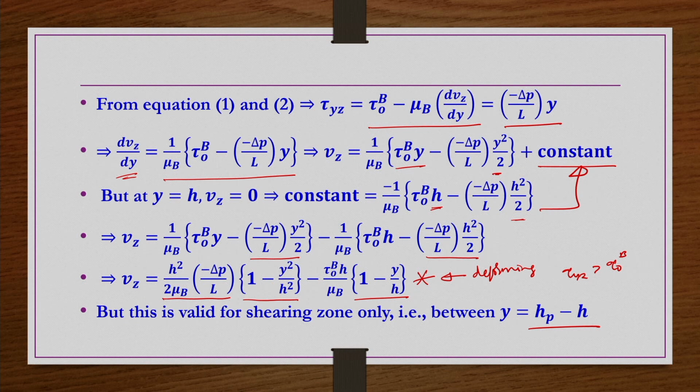But if you want to know the plug velocity, what you can do in this equation is substitute y equals Hp, because this equation is valid between Hp to H. You substitute y equals Hp to get Vzp.